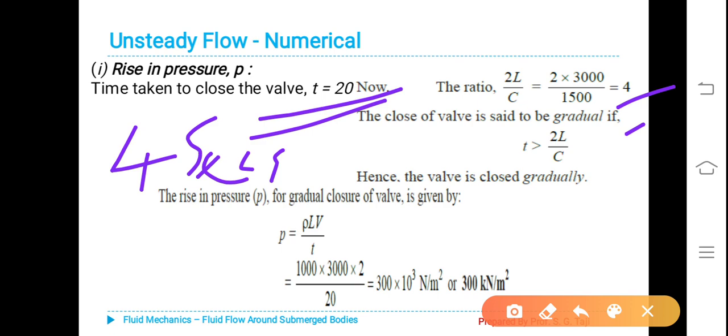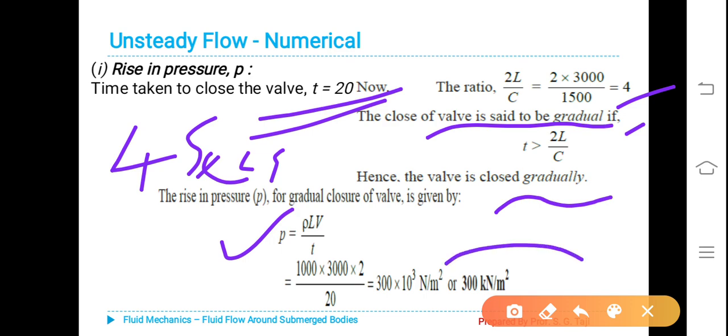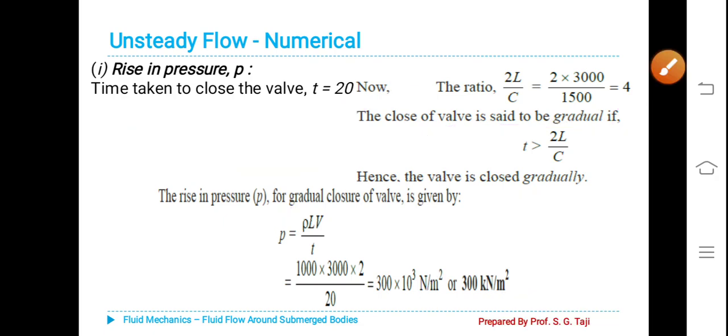Therefore, the valve closure is gradual. Hence, it is closed gradually. Therefore, we have pressure rise is equal to rho LV by T. If you substitute, you will get 300 kilonewton per meter squared.